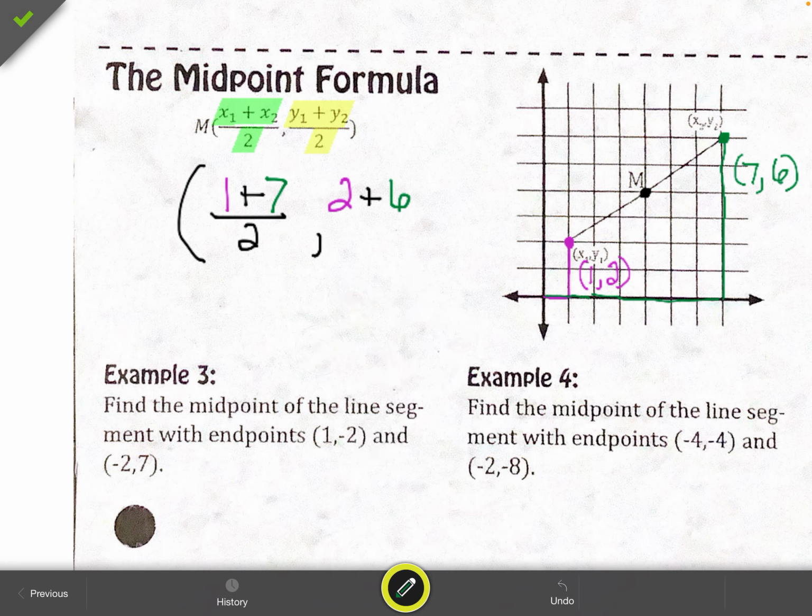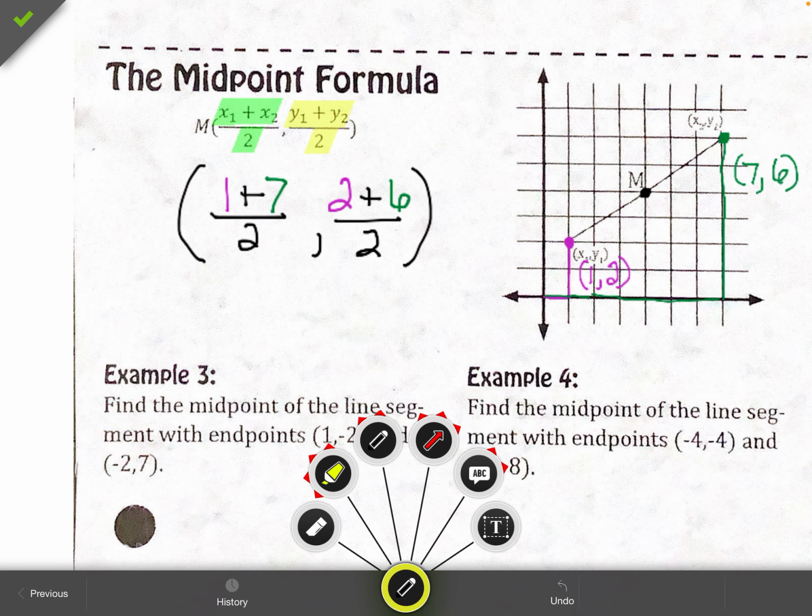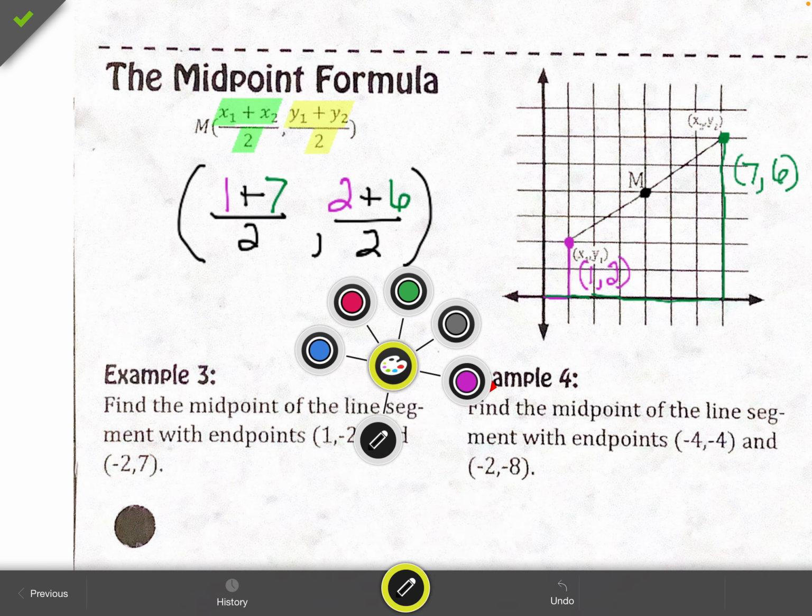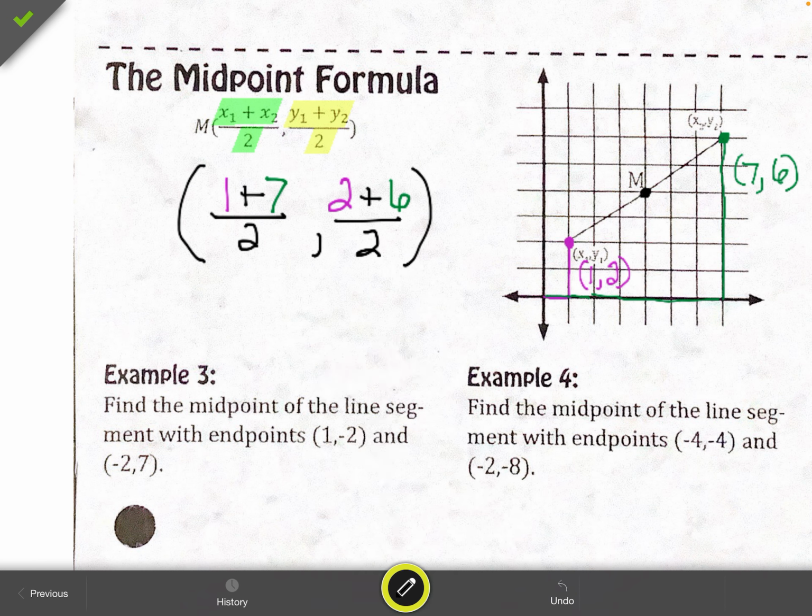And according to my formula, I divide those by 2. Now you just do the math. 1 plus 7 is 8. 8 divided by 2 is 4. And 2 plus 6 is 8. 8 divided by 2 is 4.